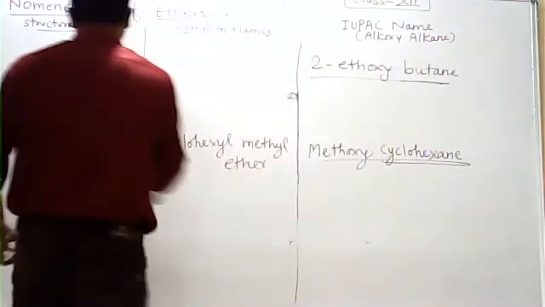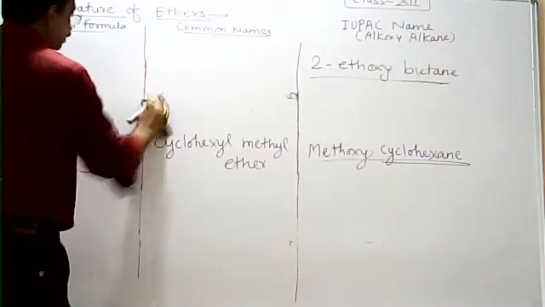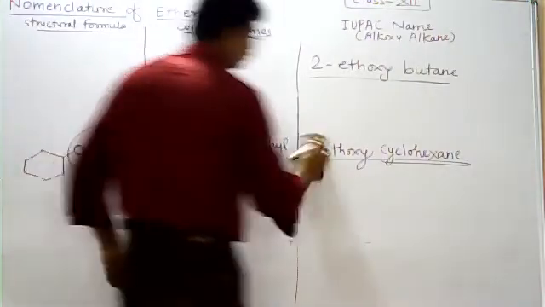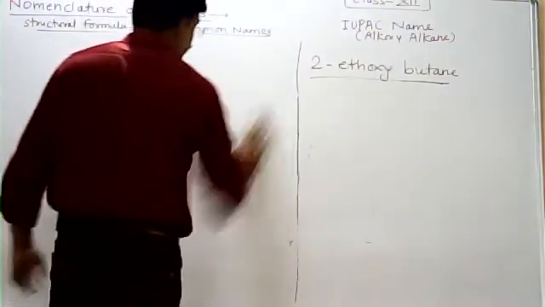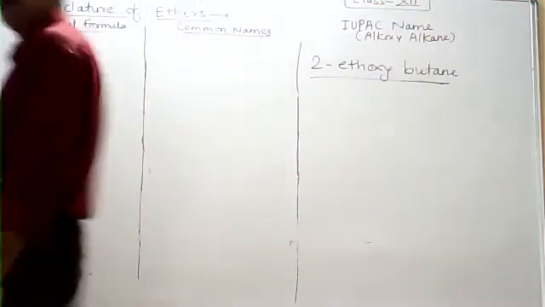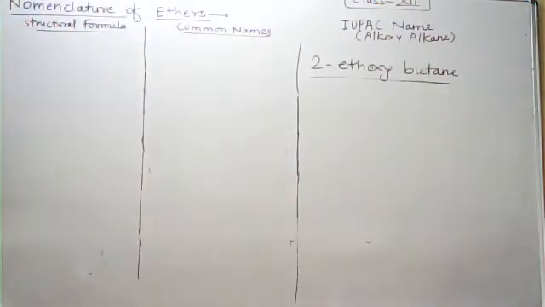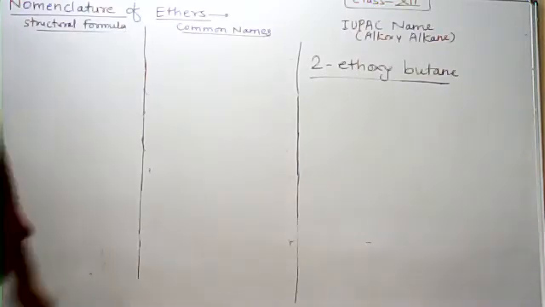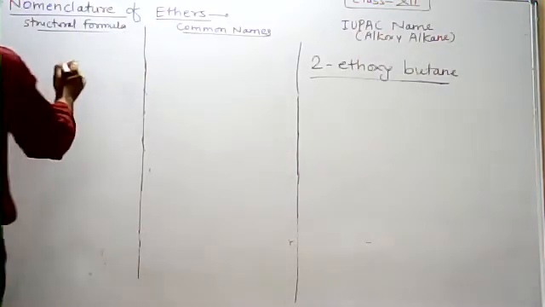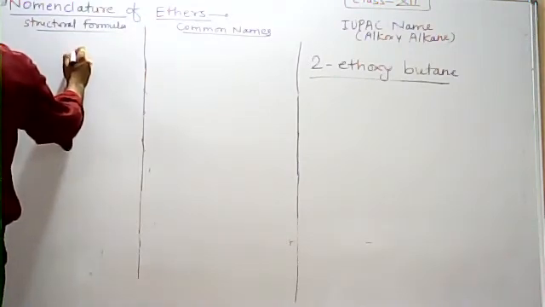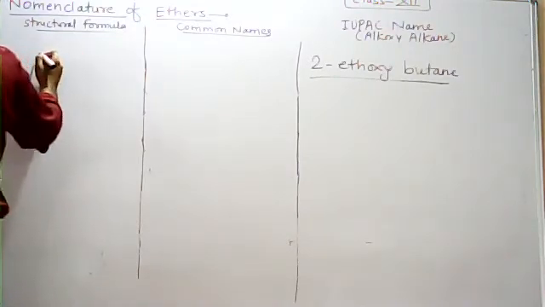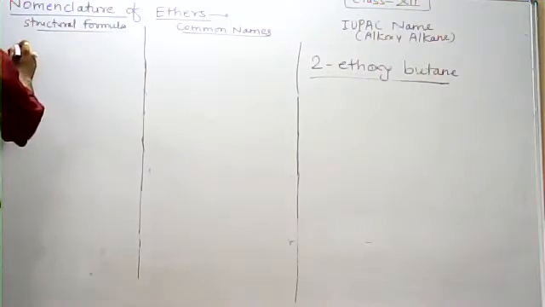Write down the structure. So butane is there first. So 4 carbon atoms there.